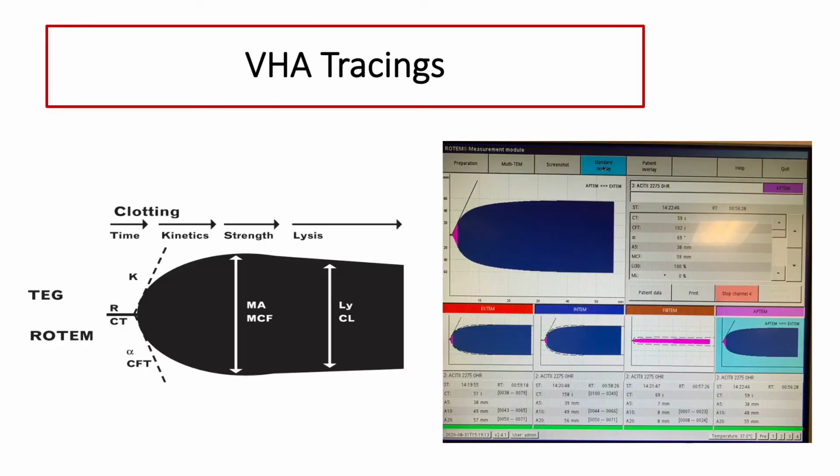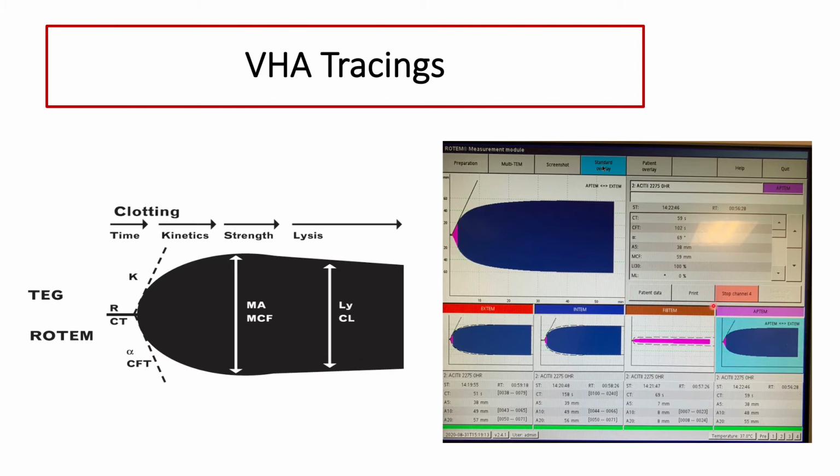Both TEG and ROTEM tracings look identical. Only the parameters used to describe each phase are a bit different. Typically, the phases are divided into 4, which are clot formation time, which is identified as R or CT, clot kinetics, which is identified as K or alpha angle, clot strength, identified as MA or MCF, and clot lysis, which is identified as LY or CL.